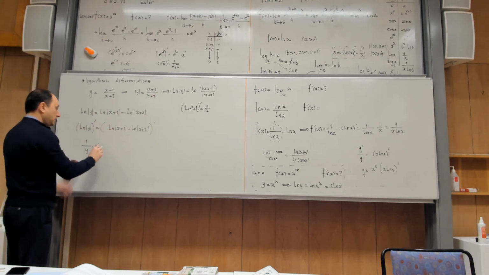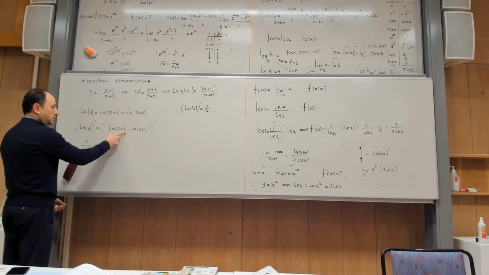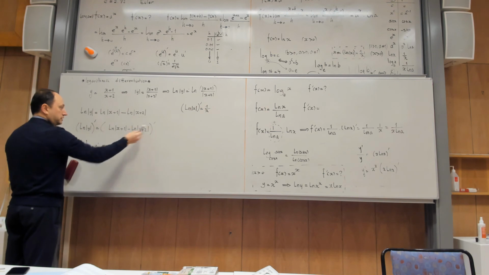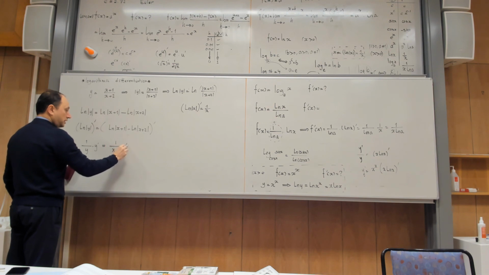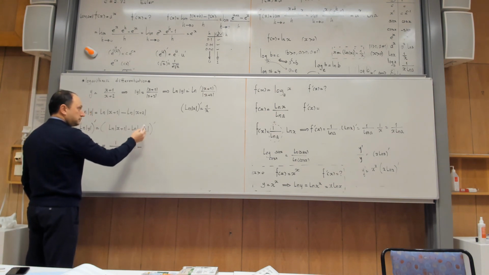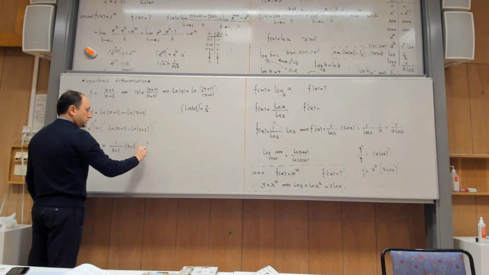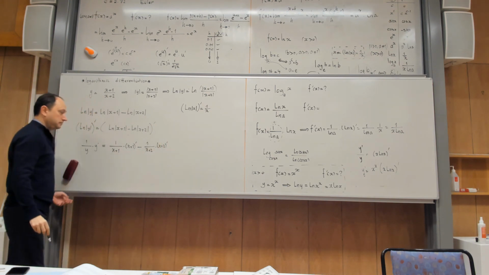But what happens on the right hand side? The derivative of ln of absolute value of x plus 1 becomes 1 over x plus 1, but multiplied by x plus 1 prime. And minus the derivative of this one, again according to that rule, is 1 over x plus 2, but according to the chain rule, I have to multiply it by this prime.